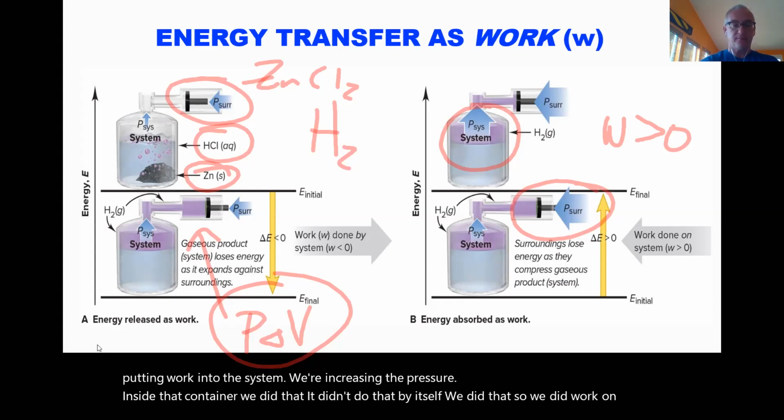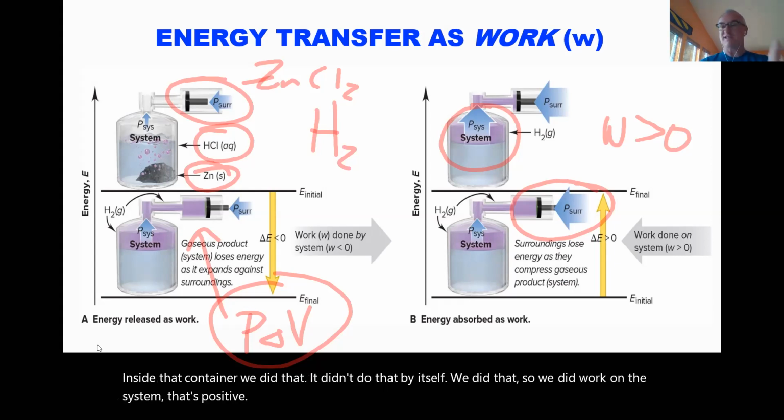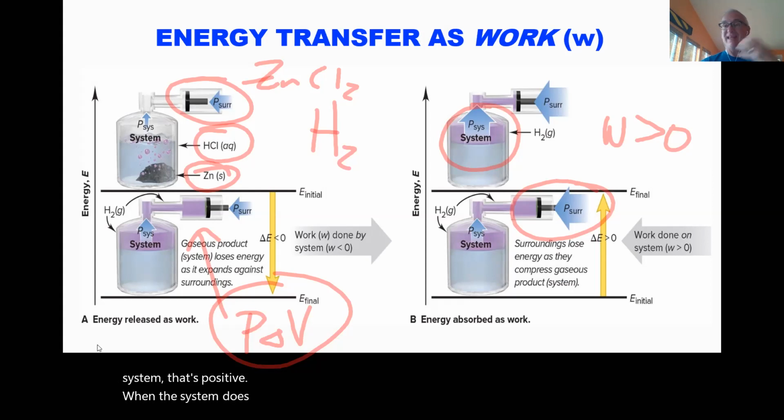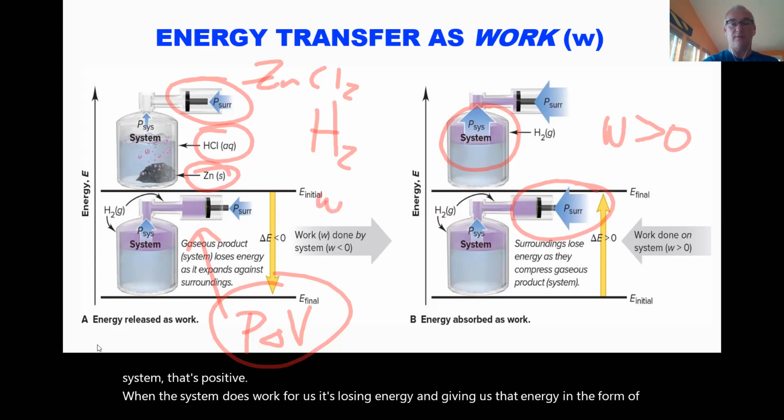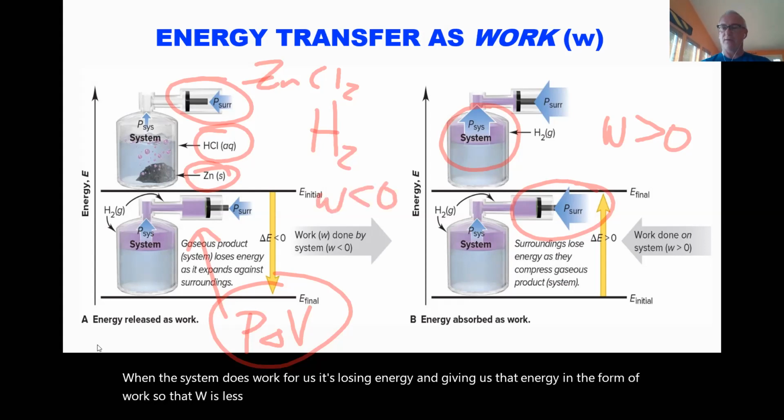That's positive. When the system does work for us, it's losing energy and giving us that energy in the form of work. So that W is less than 0. Okay? So you see how basically anytime the system loses something, it's negative, and anytime it gains something, it's positive.